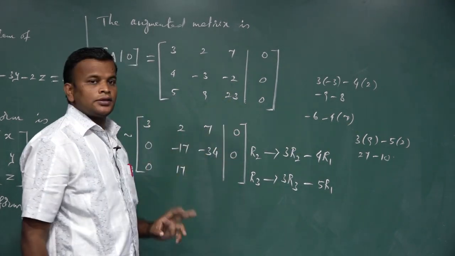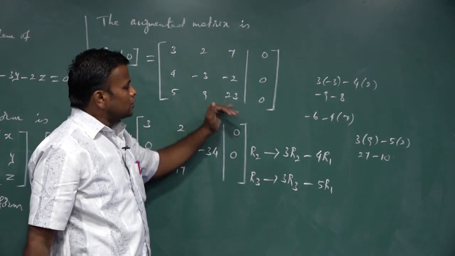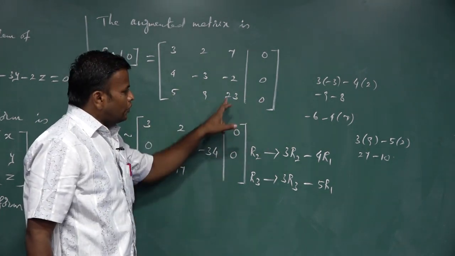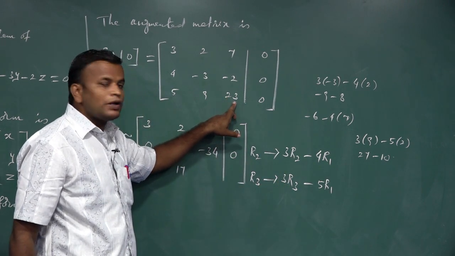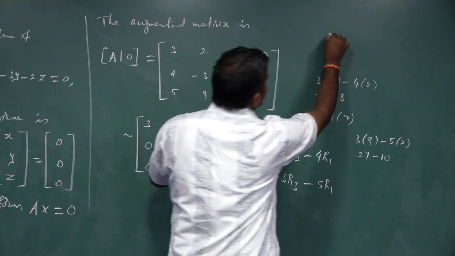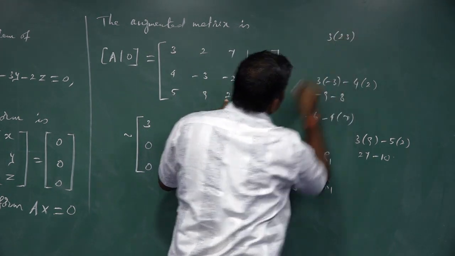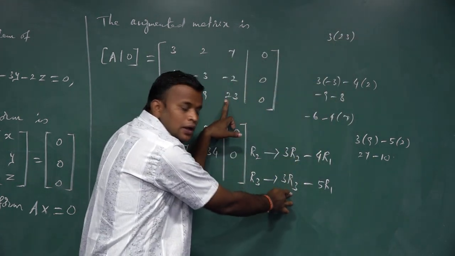Next, 23. Suppose the numbers are big, we put it aside. We write R3 as 3 R3, so 3 times the R3 value 23. 3 R3 over.